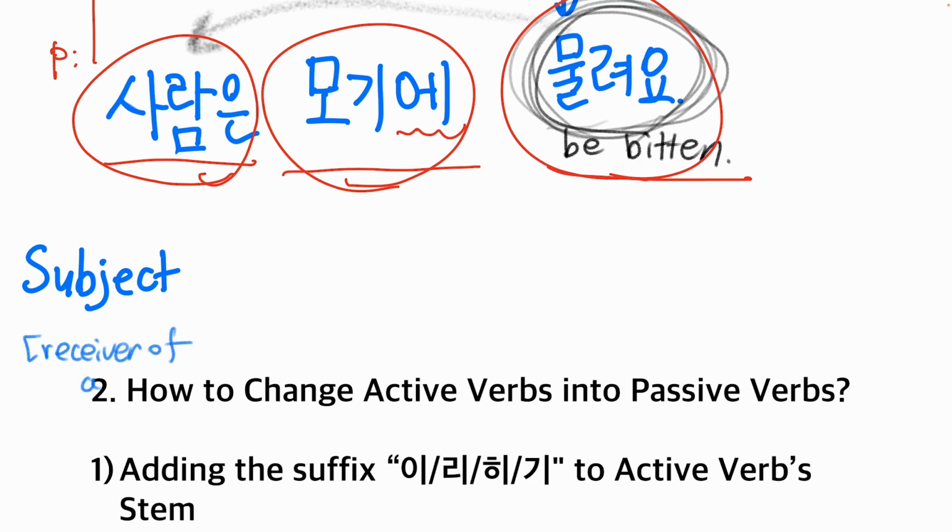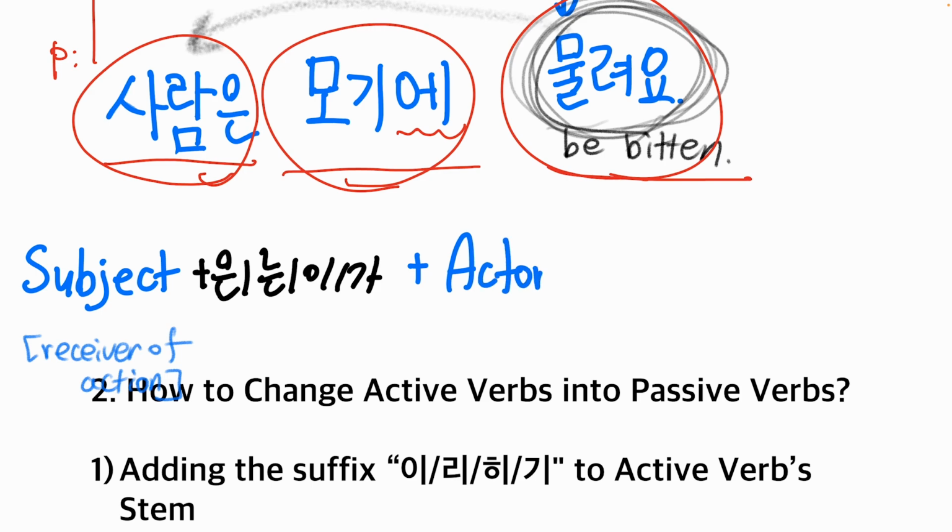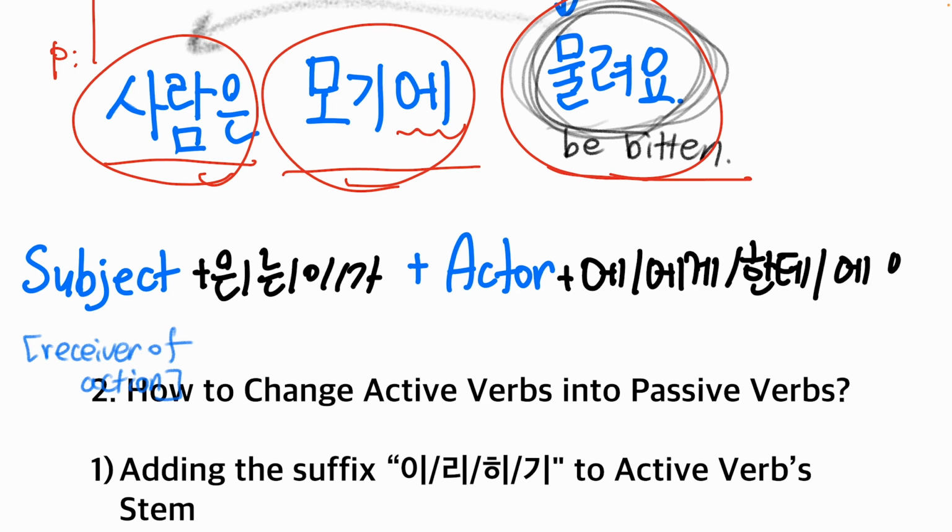So receiver of the action, and then you mark it with a subject marker, either 는 or 이/가, and then you put the actor, and put the particle that corresponds to by, which there are plenty, either 에게, 한테, or this is a more formal one, 에 의해, and then you put the passive verb.